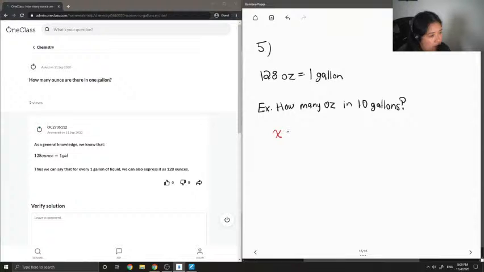So it's going to be X ounces over 10 gallons. That'll be on one side of the expression, and on the other side, I'm going to put our conversion factor. So 128 ounces over 1 gallon. And now we just solve for X.